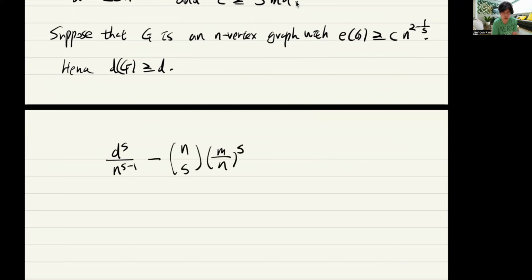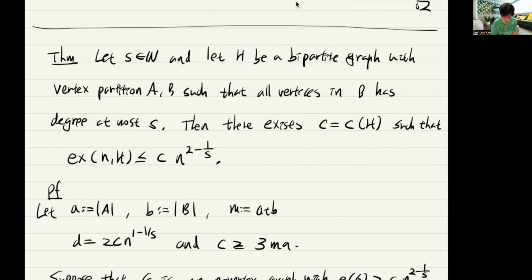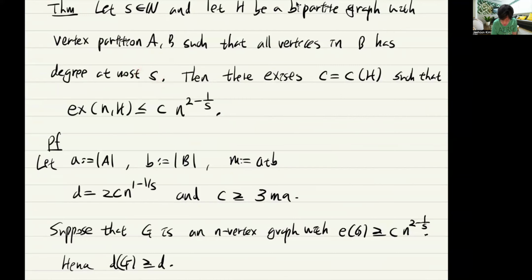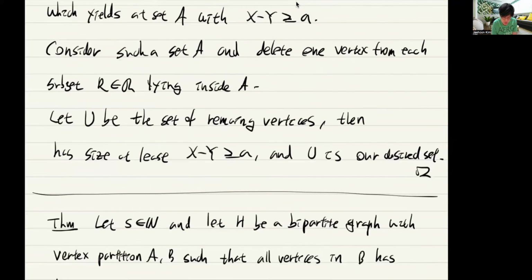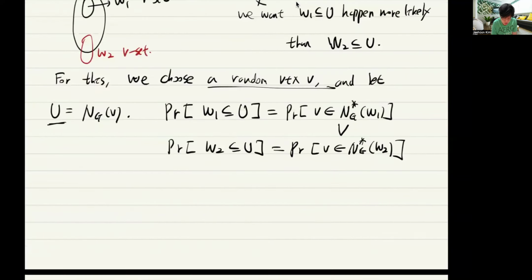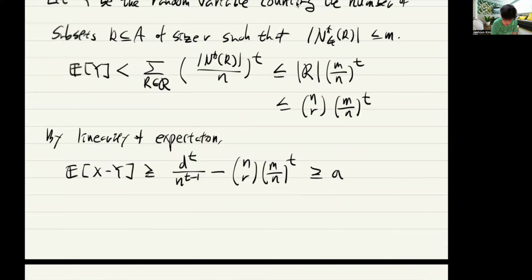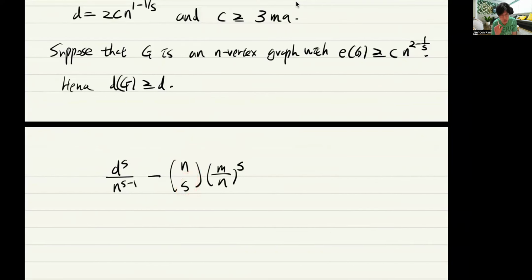Instead of T, we use S here, because what is the role of this, which is the degree of the vertices in here. Based on our plan, we want S vertices, this R corresponds to S. So we want the S vertices in the set U to have a large common degree.